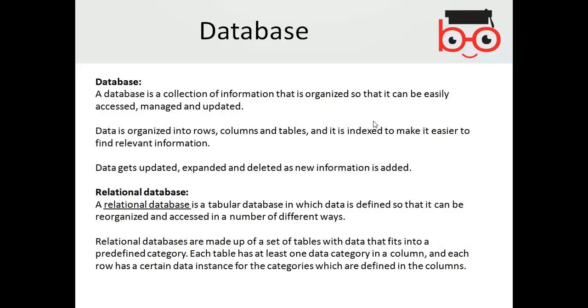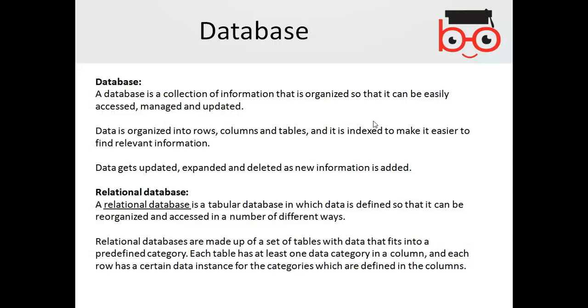So the relational database is made up of a set of tables with data that fits into a predefined category. That is important, that you cannot randomly add any data to any kind of category, but the data to be stored should be stored in a predefined category.